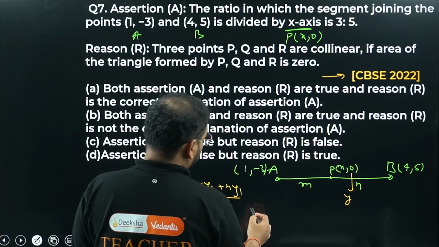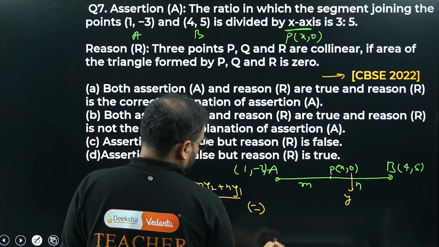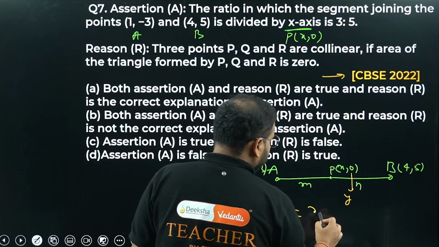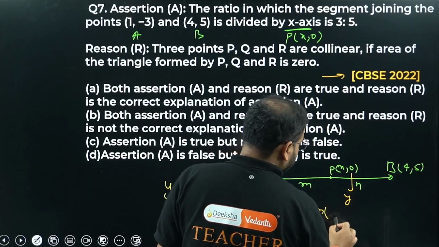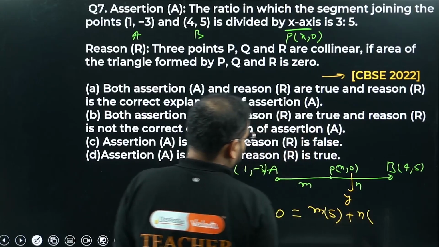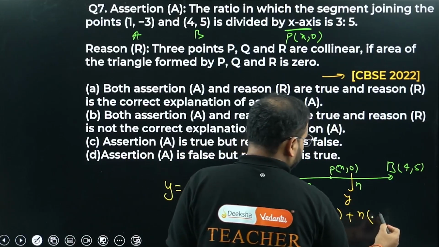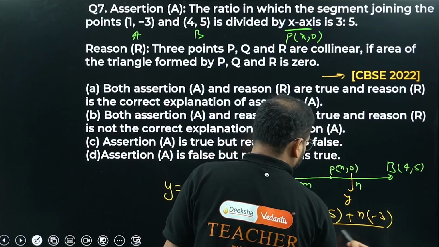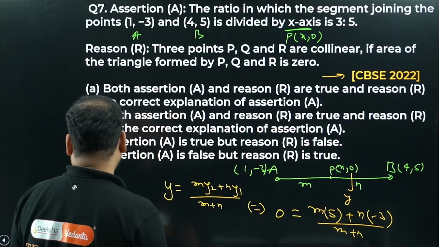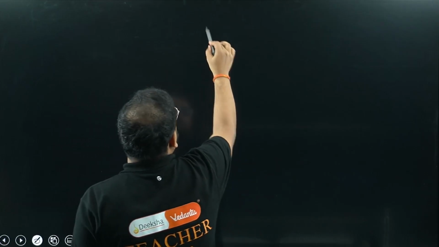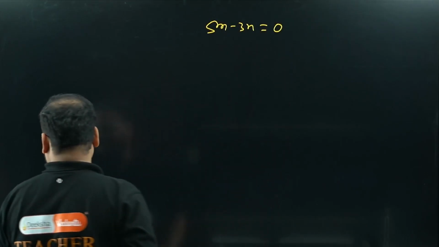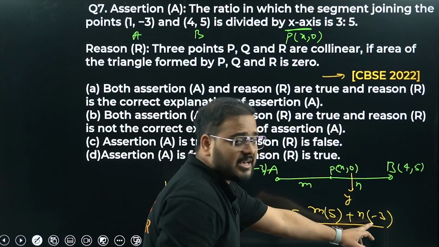Have a look. So y is 0. What's m? M is simply m. y2 is the farther point, so 5, plus n times minus 3, divided by m plus n. From here I get 5m minus 3n equals 0. How come, sir? Have a look: 5m here minus 3n over here.